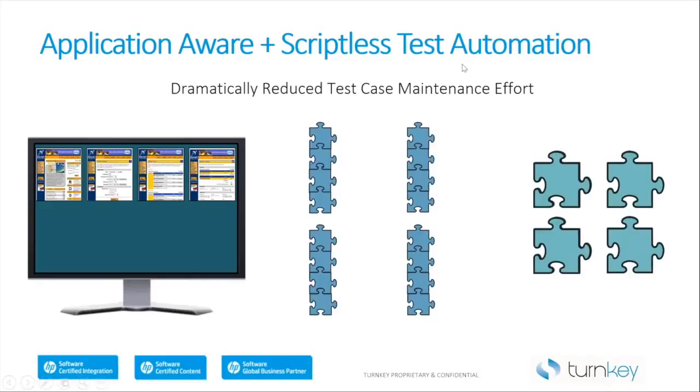As this slide's animation depicts, we have an application on the left and the highlighted screen is changed. That individual screen translates to a single component used in many test cases and test sets. Turnkey C-Factory is able to inspect the updated screen and update the individual screen component. Once those updates are saved, the updates are instantly reflected in whatever test cases and test sets that component is used in.